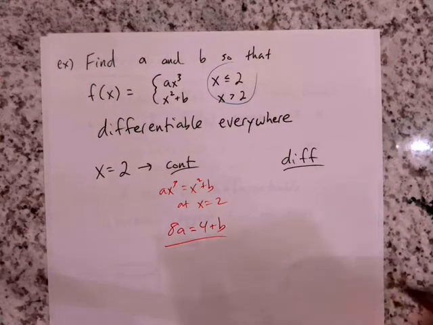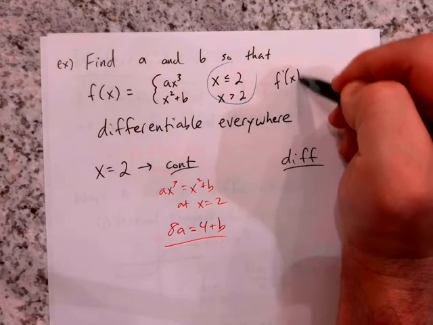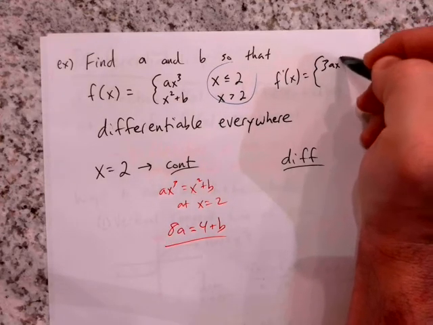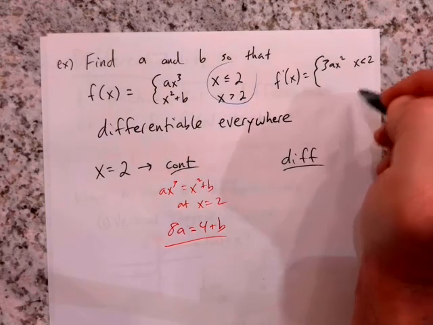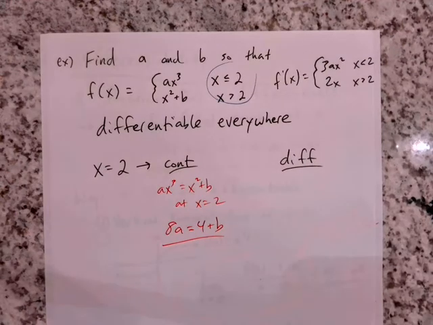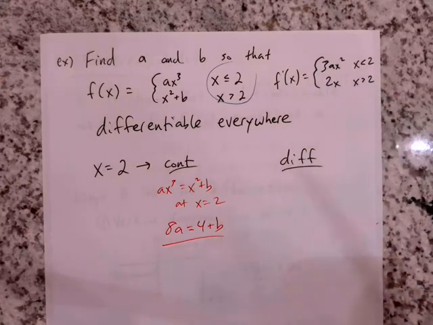Differentiability, we differentiate our piecewise function to give us 3ax squared for x less than 2 and 2x for x greater than 2. And in order for our function to be differentiable for all x, we need the left-hand slope to match the right-hand slope.